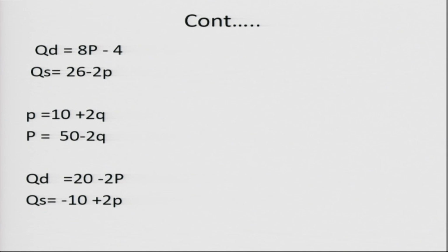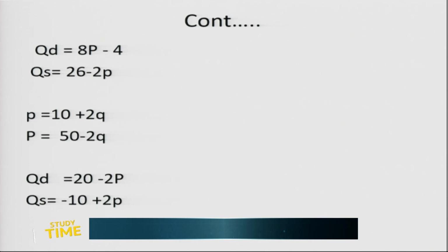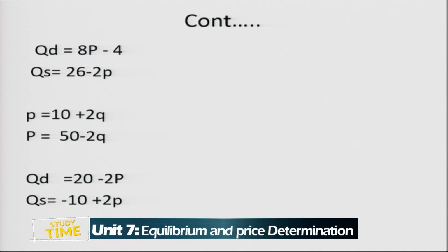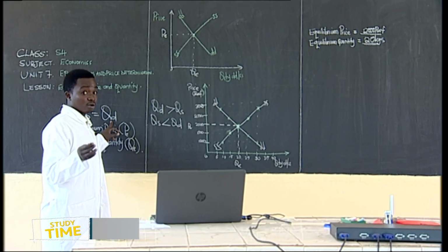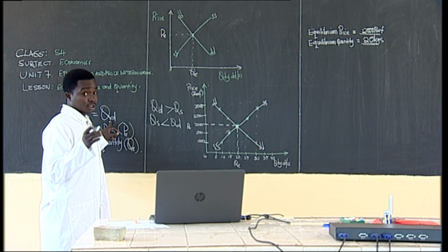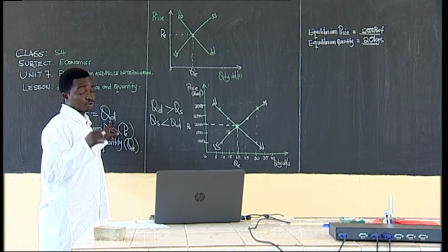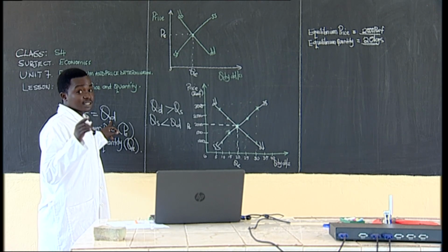So you must know, at the equilibrium point, quantity demanded is equal to quantity supplied. That is the condition. If they are not equal, then there is a shortage, that is excess demand, or there is a surplus, that is excess supply.